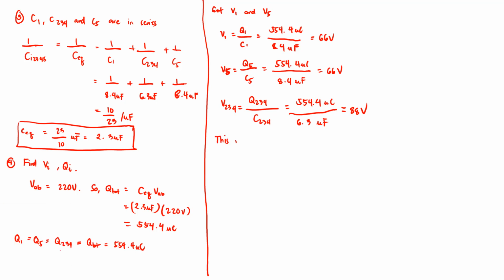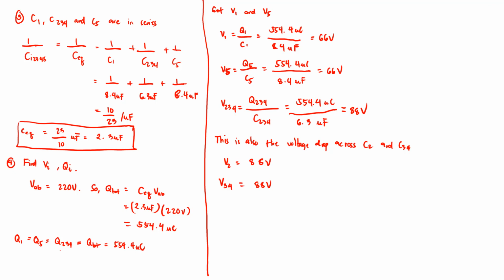This is also the voltage drop across C2 and C34. Therefore, capacitor C2 has a voltage drop V2 which is equal to 88 volts, and this is also equal to the voltage drop across C34, so V34 is also 88 volts.